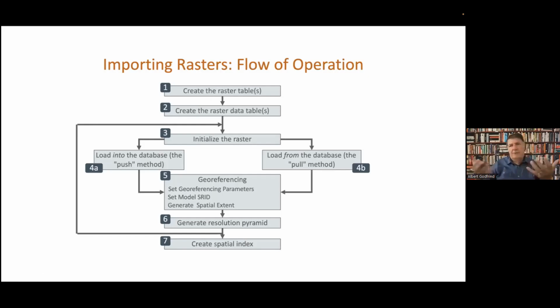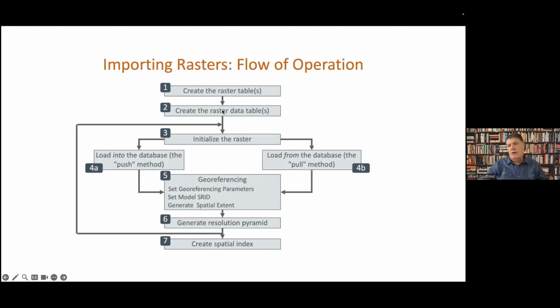So for CSV files, it would be like using SQL Loader for push, and this would be using an external table for pull. And then there are steps like setting up the georeferencing, setting the pyramid, and at the end, creating a spatial index of the footprints. But all of these steps will typically be done as a single operation. You say load the raster and everything will happen.